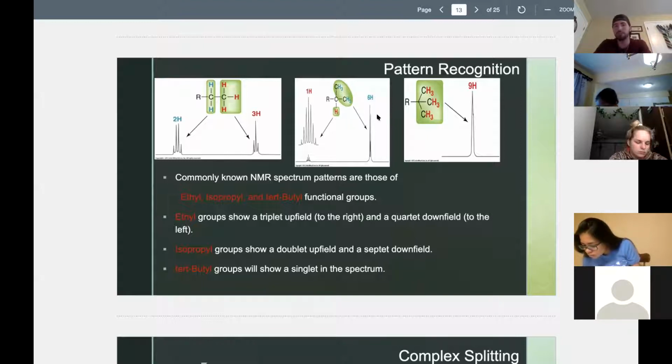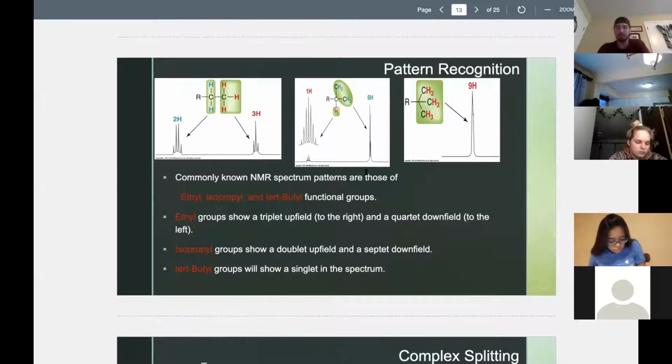Since the methyls are affected by only 1 proton, they have 2 peaks, and that'll be upfield. Because there's 6 protons present, the intensity of the peak will be relatively high. The single proton is affected by 6 other protons in the 2 methyl groups, so it'll appear as a septet, and it'll be really small because there's only one of that specific proton.